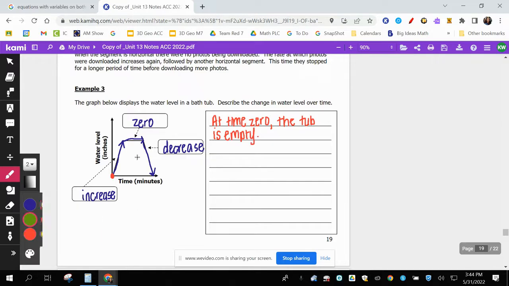All right, now let's take a look at this increase in the function. So the water level is increasing, so they probably turn the water on, and that is a straight line. So the water level increases at a steady rate. It increases at a constant rate. So I'm going to say the water is turned on.